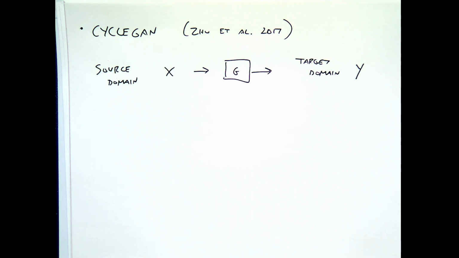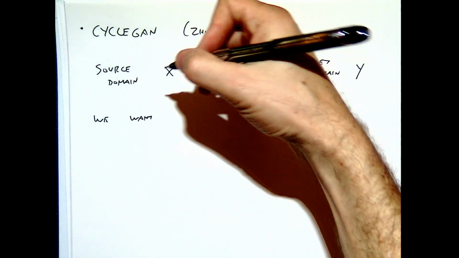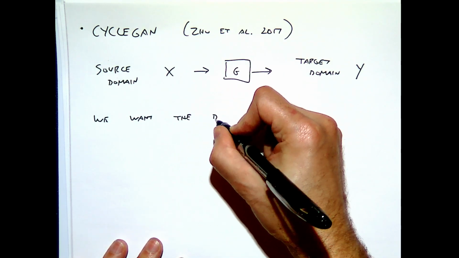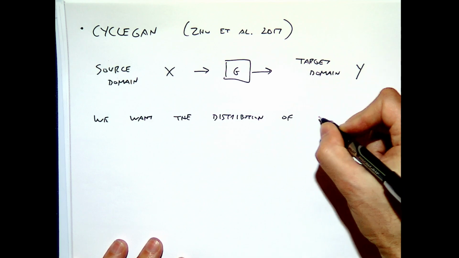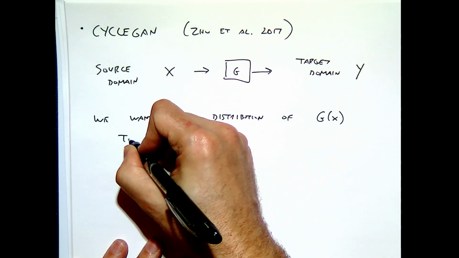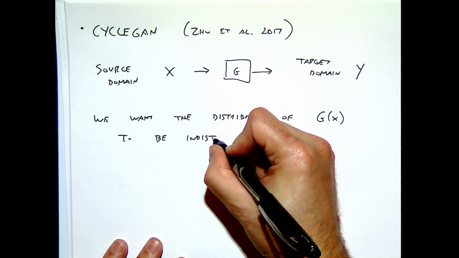And so what I want is that, certainly, the generator produces images coming from the same distribution as Y. So we want the distribution of G of X to be indistinguishable from that of Y.